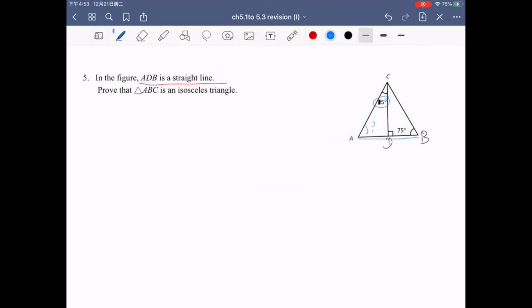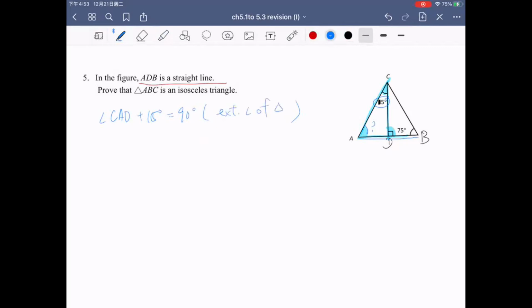After you figure out the logic, then you can write angle CAD plus 15 degrees is 90 degrees. Reason, still remember? The relationship between the blue angles, the exterior angle of a triangle.